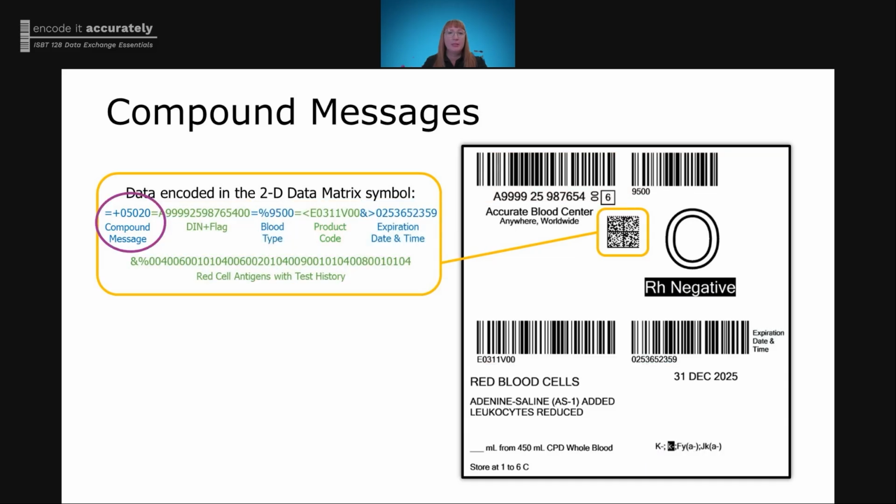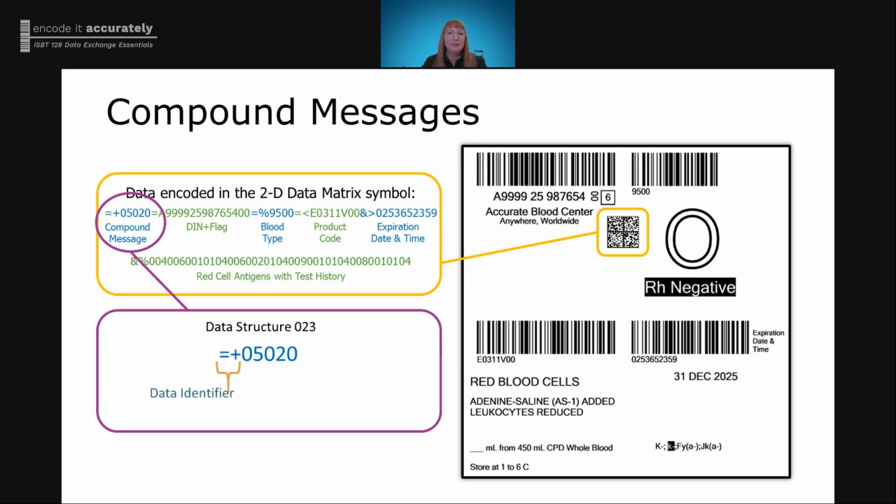You'll note that at the beginning, it's got this compound message data structure. That's going to tell you how much data is going to be provided after that initial compound message. It's got a data identifier, which is equal sign plus and plus sign.